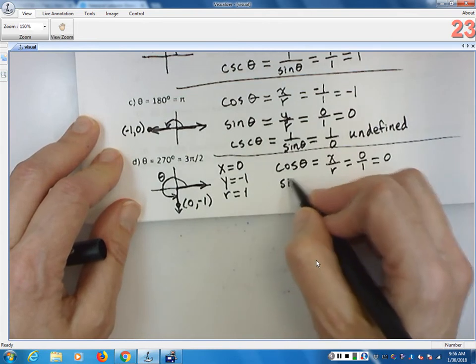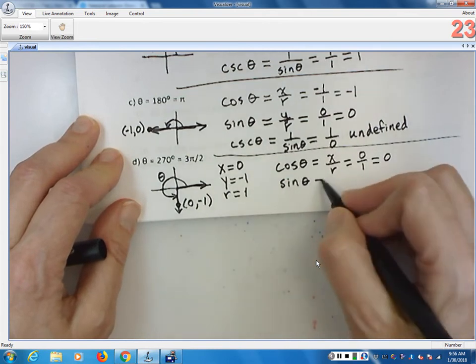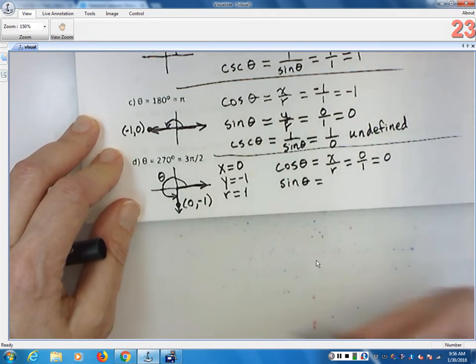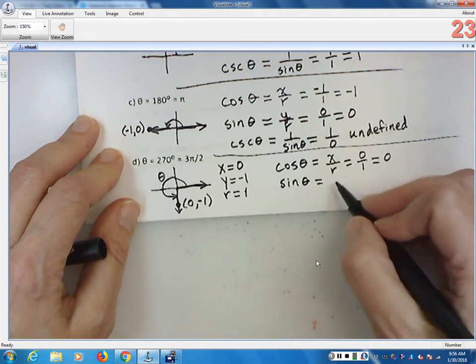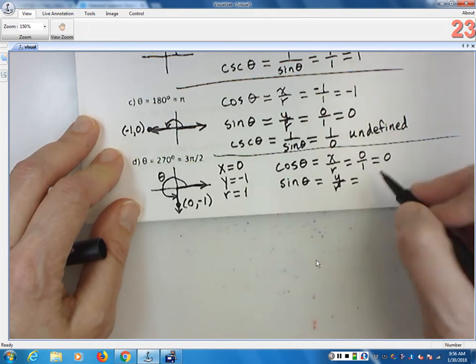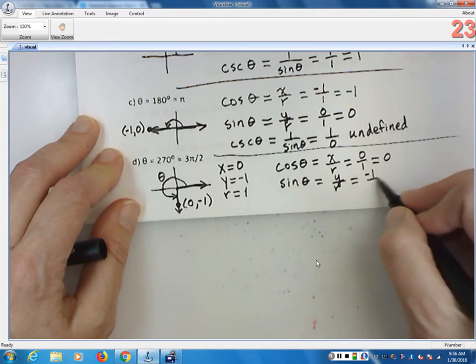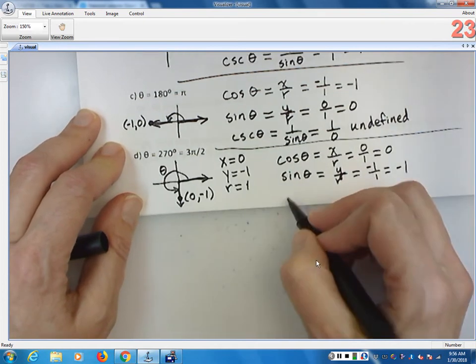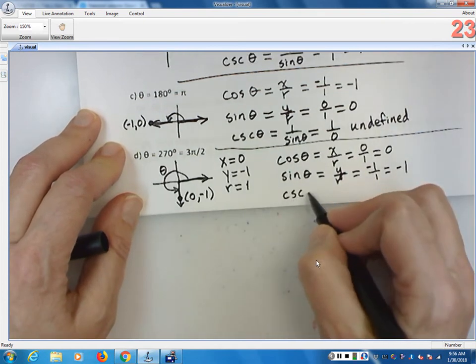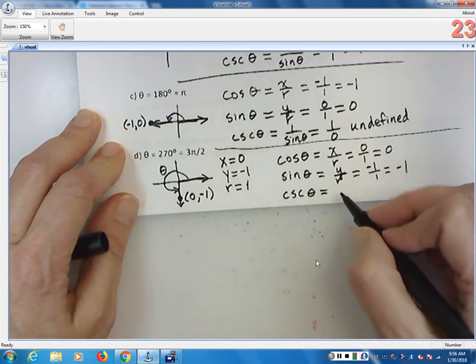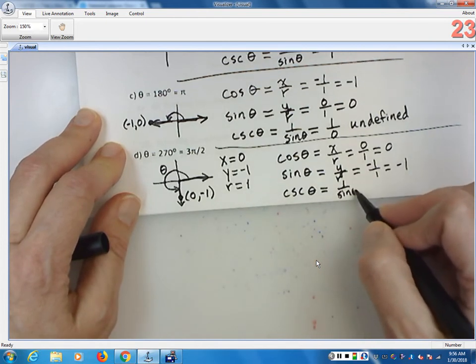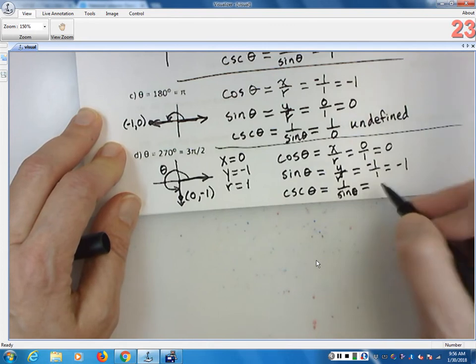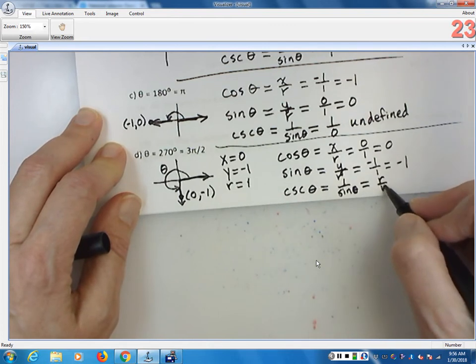Sine, we're finding sine, even though it didn't say to, because I like to do that. y over r is -1 over 1, which is -1. So that means cosecant theta is 1 over sine theta, which is r over y.